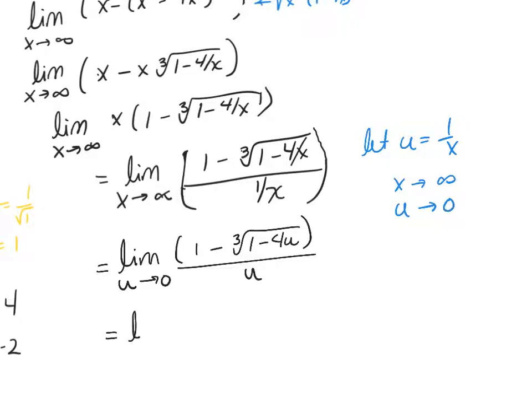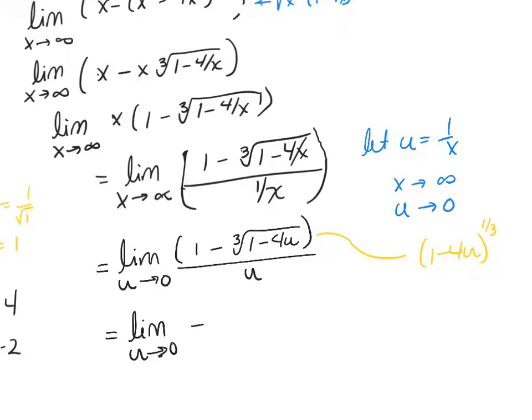So this is going to be equal to the limit as u goes to 0 of, in the numerator, when I do the derivative of 1, it's going to be 0, so I'm not going to write that. And I'm going to go back to writing this as 1 minus 4u raised to the 1/3, so that when I do my derivative, it'll be a little bit easier in terms of bringing that power down.